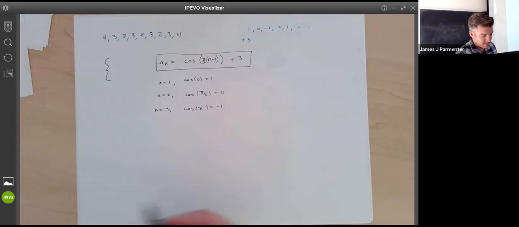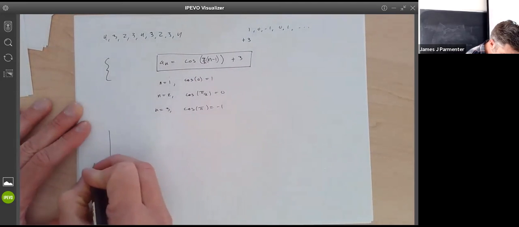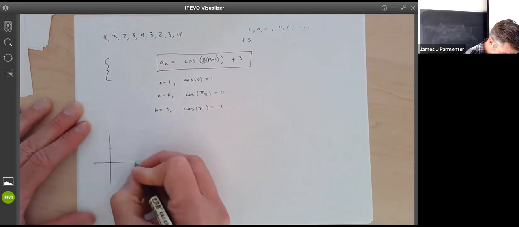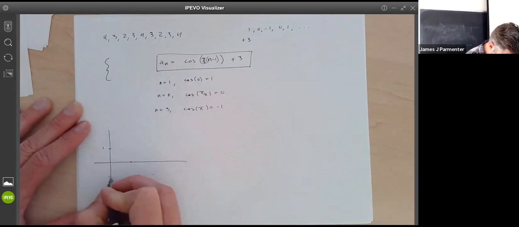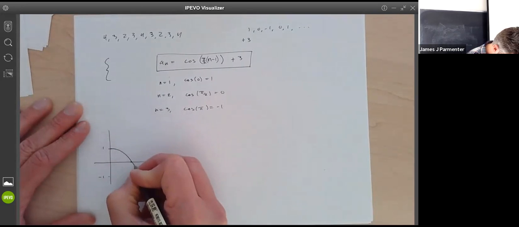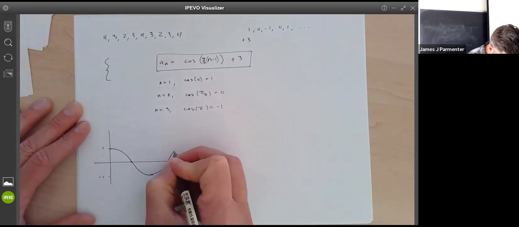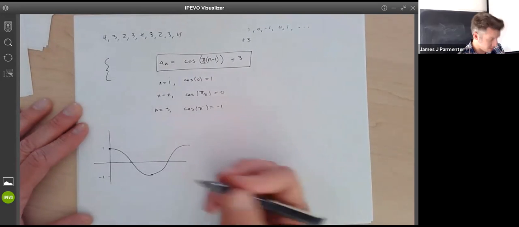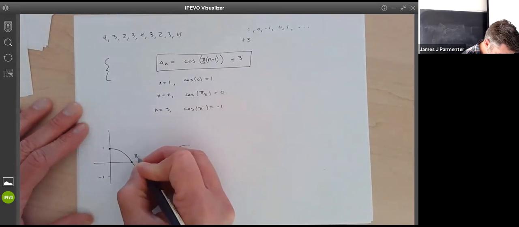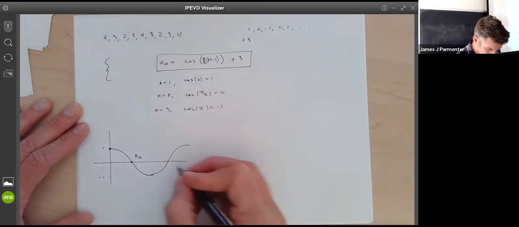Right. So the reason I did pi over 2, which I didn't say very explicitly, is because when we graph cosine, it has these nice values of 1, 0, and negative 1 every pi over 2. So at 0, cosine of 0 is 1. At pi over 2, cosine of pi over 2 is 0.